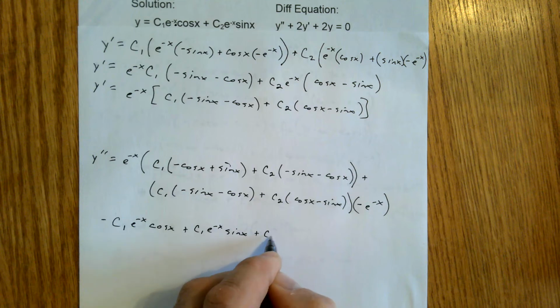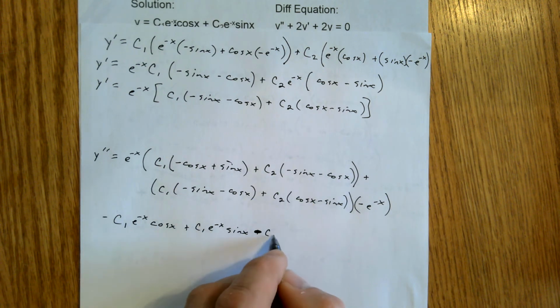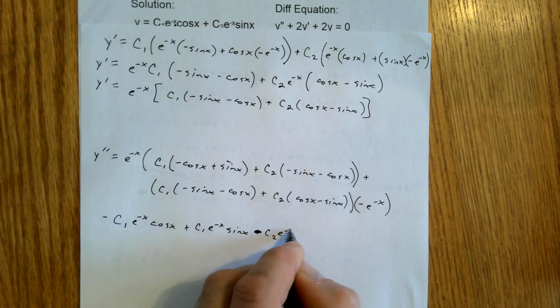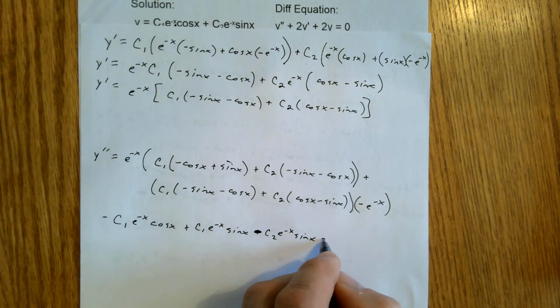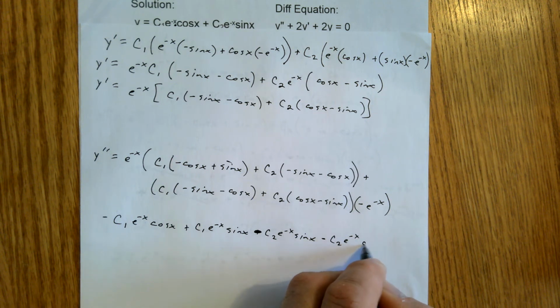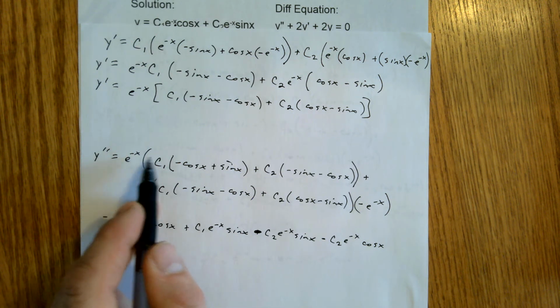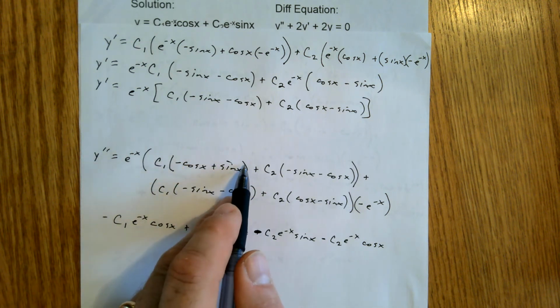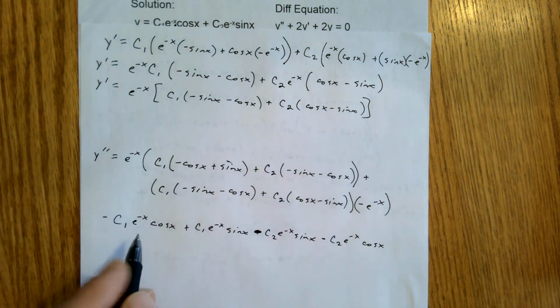So I'm going to add a minus sign there, so c sub 2 e to the negative x sine of x, and then a minus c sub 2 e to the negative x times the cosine of x. So what I did was, again, multiply e to the negative x into my c sub 1 into this quantity, my e to the negative x times c sub 2 into this quantity.